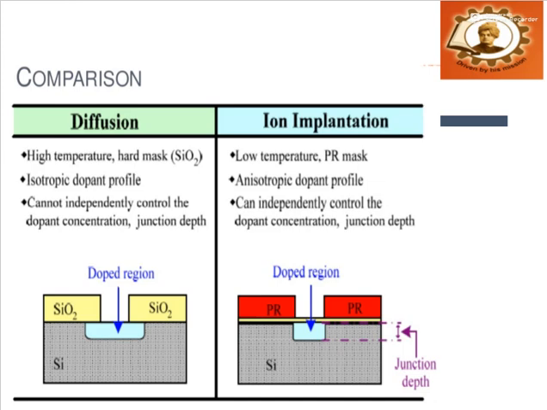Here diffusion takes place at a high temperature with a hard mask SiO2 layer, and in the case of ion implantation it takes place at a low temperature with a photoresist mask. The diffusion process provides an isotropic dopant profile, that means it will diffuse in all directions. The ion implantation process gives an anisotropic dopant profile, so you can control the doping process directionally. Diffusion cannot independently control the dopant concentration and junction depth, but in ion implantation they can be controlled independently.